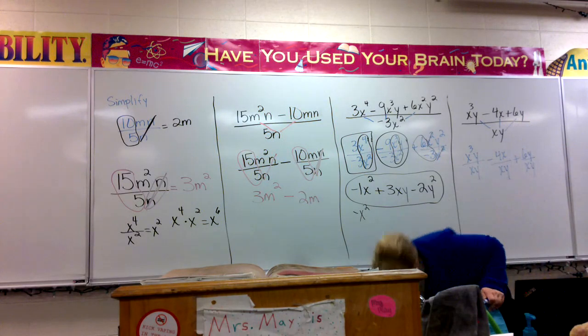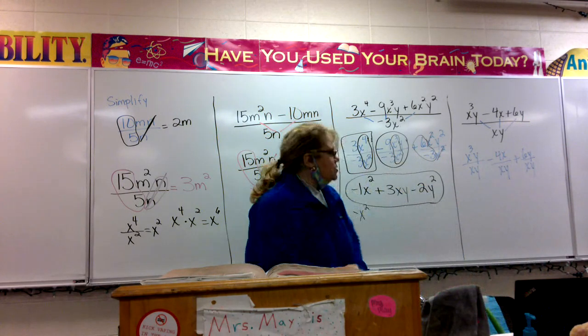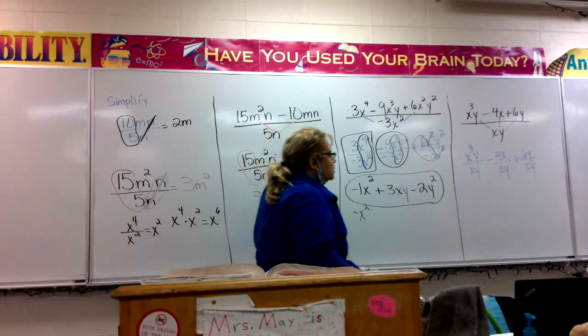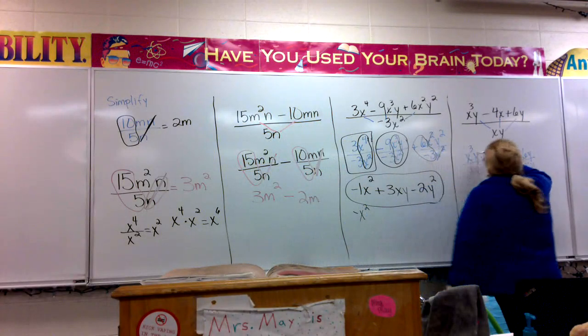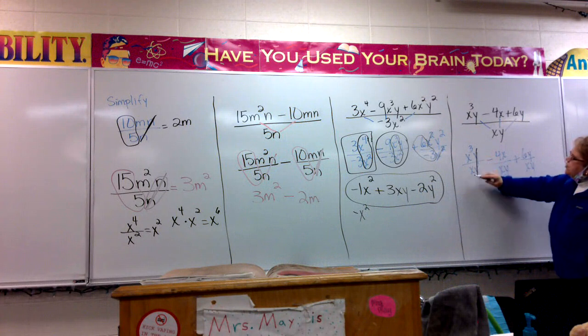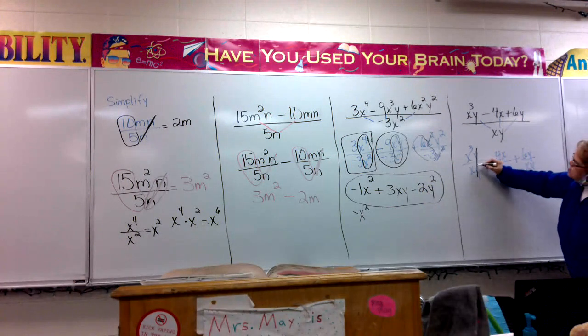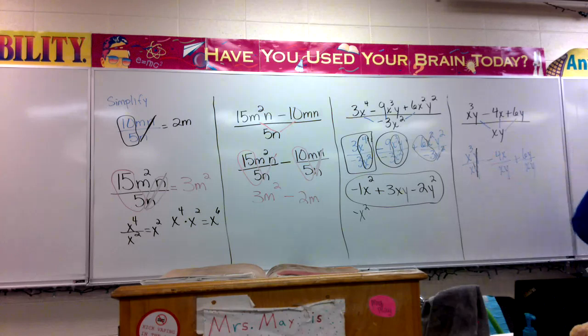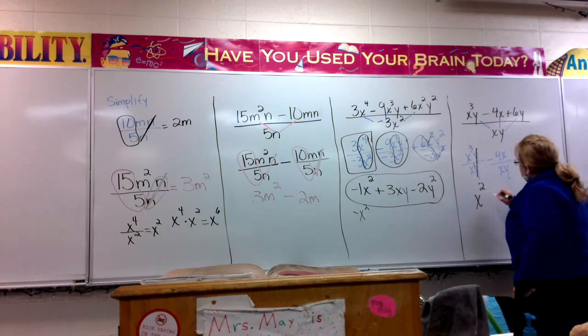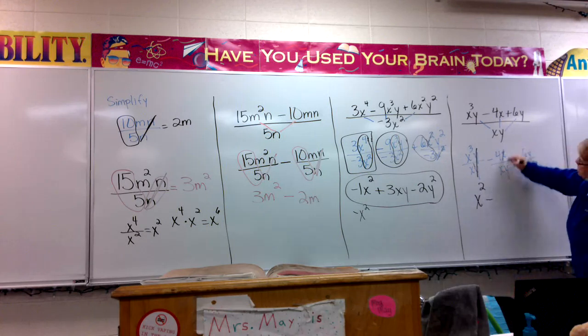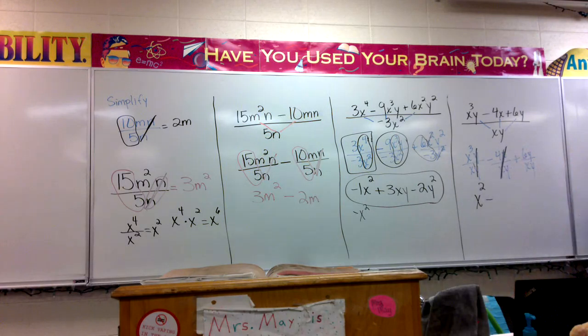And then we're going to reduce each piece, right? Hey, look at that. The y's cancel. What about the x's? Remember, what's the exponent here? 1. So what's 3 take away 1? x to the second. So x to the second minus, those cancel.